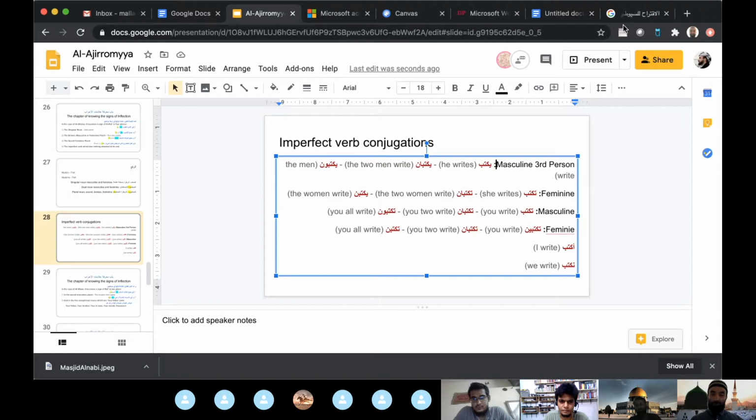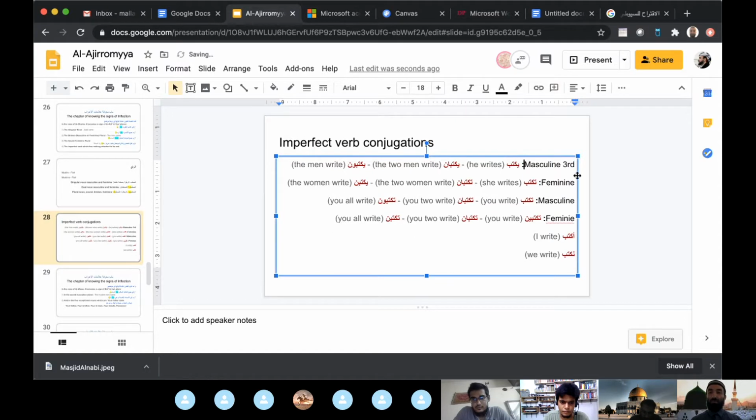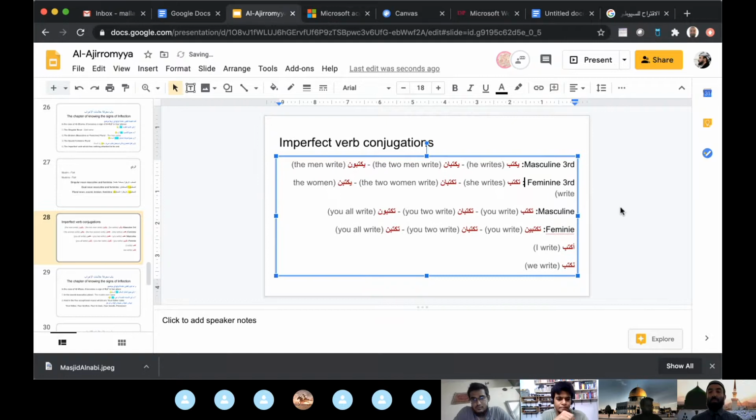Yes. Okay. So this is for the 3rd person, and this is also for the 3rd person. I'm just gonna put 3rd. But this is for feminine. That's the difference. Okay. So this is 3rd person masculine. This is 3rd person feminine.